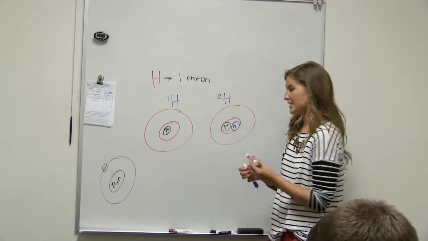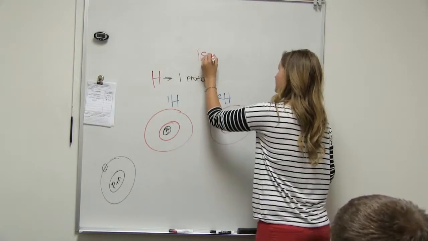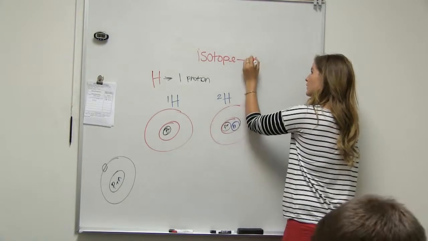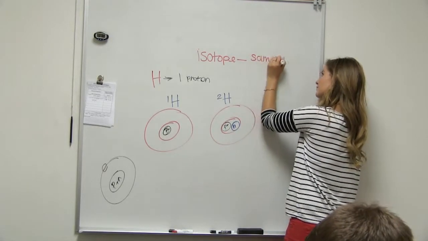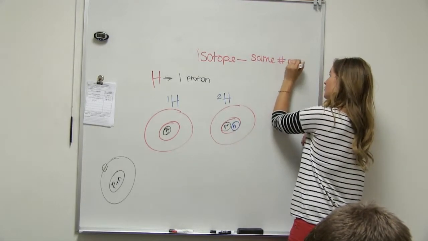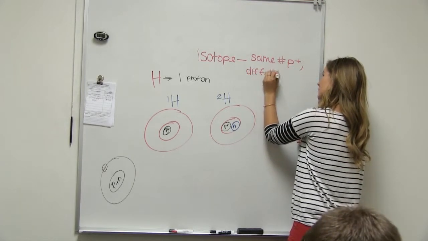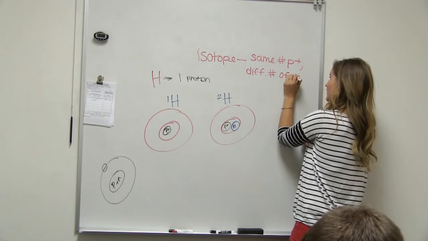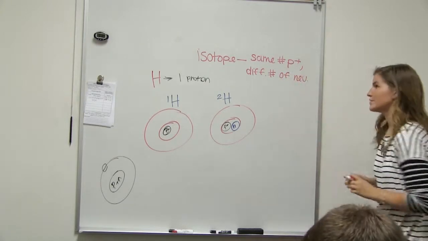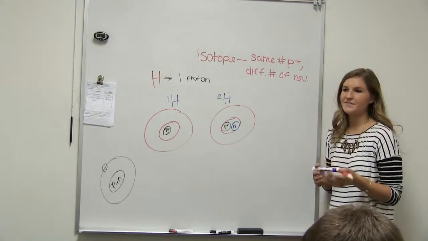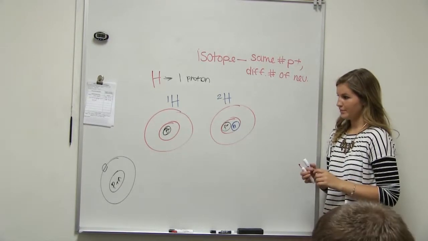So the definition of an isotope would be what? Same number of protons, different number of neutrons. Yep. Perfect. Same number of protons, different number of neutrons. So basically just the different forms of an element.